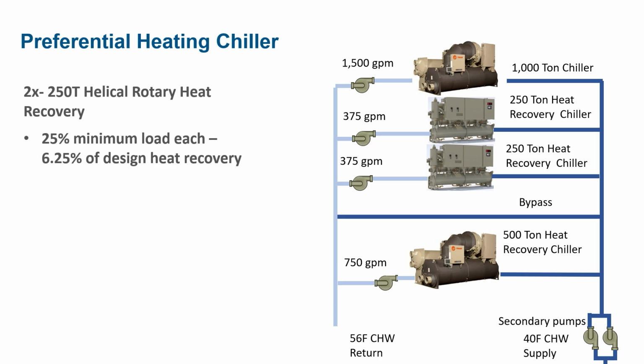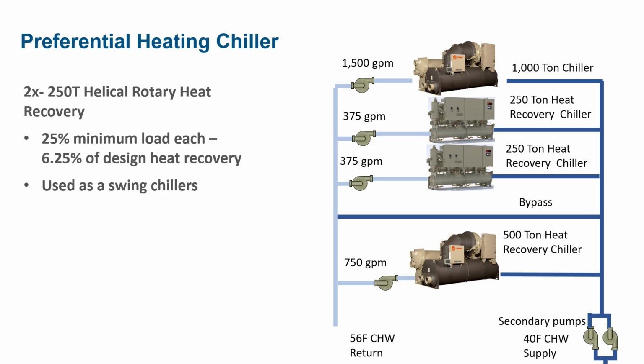Their location in the plant is not preferentially loaded, and therefore they can unload all the way to their stated minimum. The helical rotary chillers can be used as swing chillers to match the required load, meaning they should be the first and second chillers added.